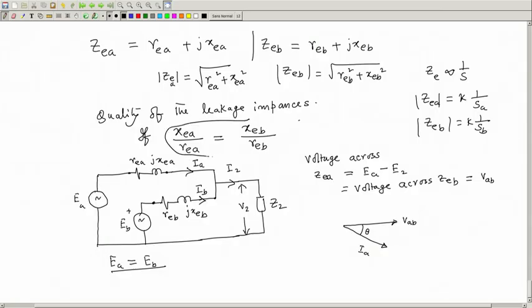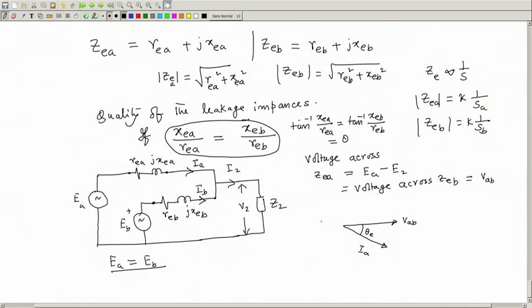I define tan inverse XCA by REA, which is the power factor angle of the leakage impedances and will be the same as tan inverse XCB by REB, and let it be theta e, the power factor angle of the equivalent impedance.